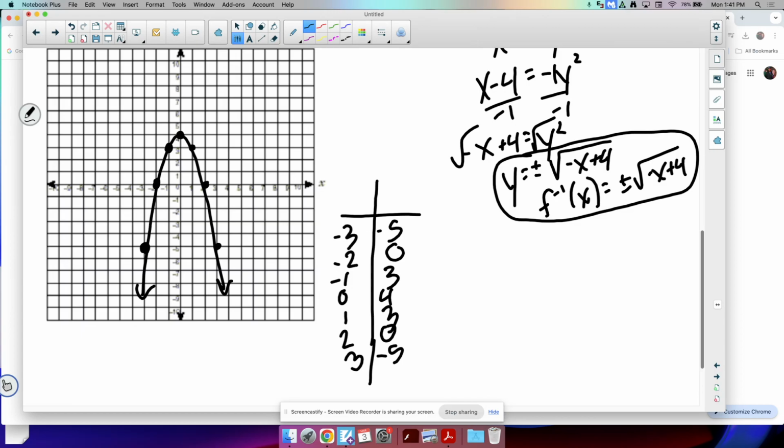So the reason this trick is going to help us is that we have the original graph and the original table. So what do we do to this table to get the inverse of it? Switch your x and y. If you're not sure how to graph it, you can just take that table and literally switch your x and y. So now it's -5, -3.